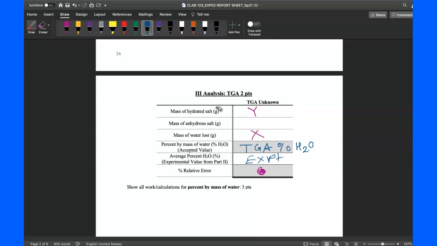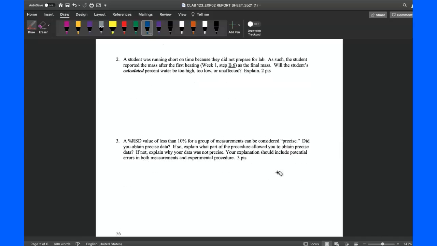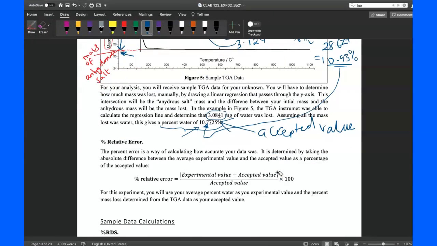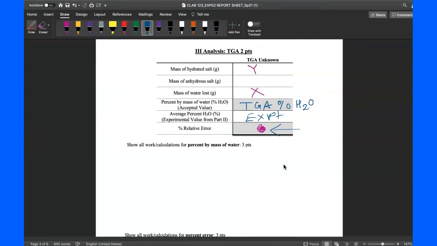And then the percentage relative error comes from using this formula right here in your manual. Percentage relative error equals experimental, which is what you got, minus accepted, which is from TGA, over accepted, which is from TGA, times 100. All right, simple to do.